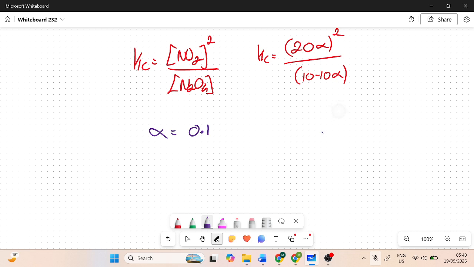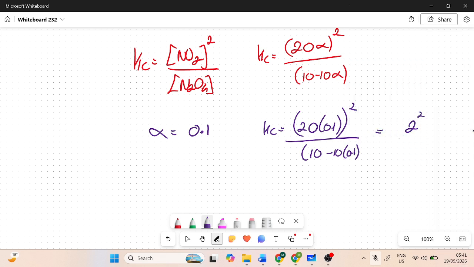So Kc is equal to 20 times 0.1 all squared divided by 10 minus 10 times 0.1, which will be equal to 2 squared over 10 minus 1, which will be equal to 4 on 9, or 0.444 mol dm^-3. Don't forget that you need to write the units.